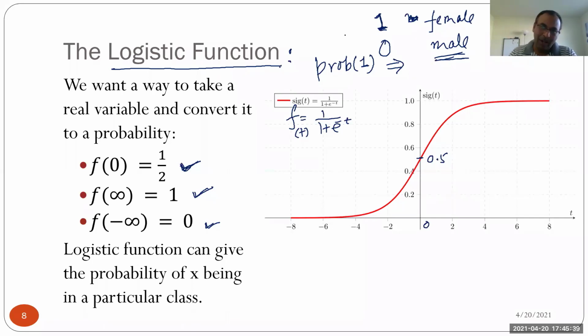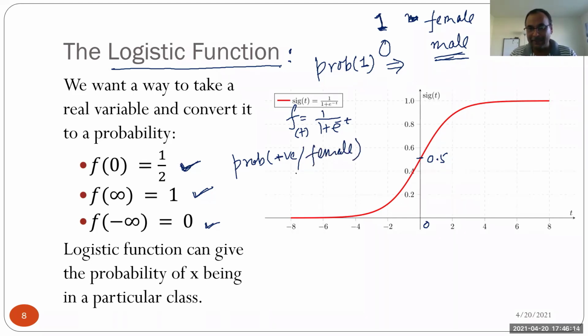So this 1 and 0 that we have in our data needs to be treated probabilistically. If you think that way, then we can make use of the logistic function in the linear regression, and we will come up with a model called logistic regression. What logistic regression will tell us is the probability of the label being positive, or the probability that a given data point is female.